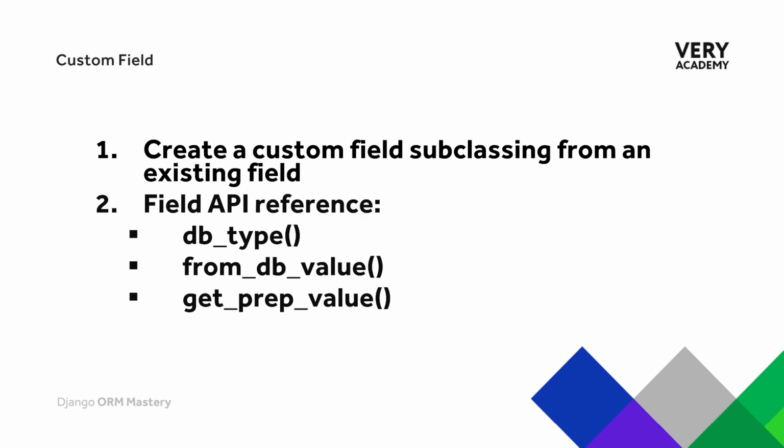Utilizing the fromDbValue function, we will learn that we can convert the value returned by the database into a Python object, which we can then utilize within our application. And then finally, we'll learn the basics of utilizing the getPrepValue, which is essentially the reverse of the fromDbValue. So here we are going to prepare the value before passing it over to the database.